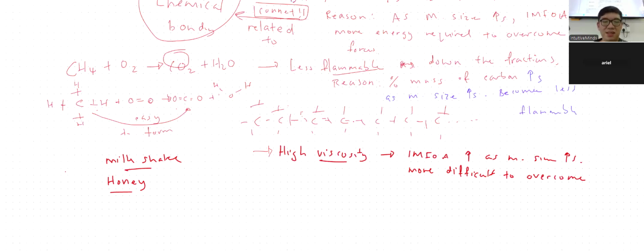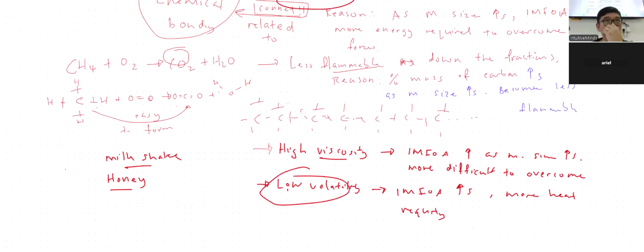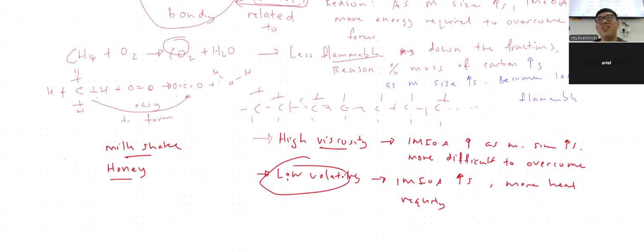So, low volatility. Again, I'm just going to go through this quite fast. The IMFOA increase, so more heat is required to break them. Low volatility is related to boiling point and melting point. These are related, because to be volatile means that you can evaporate easily.